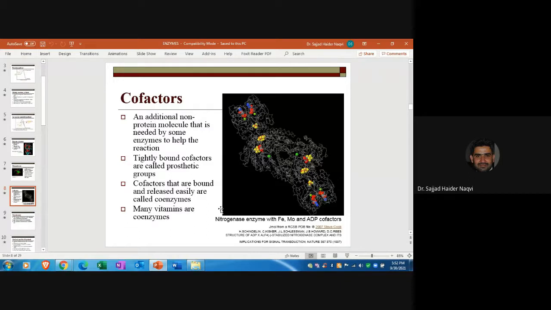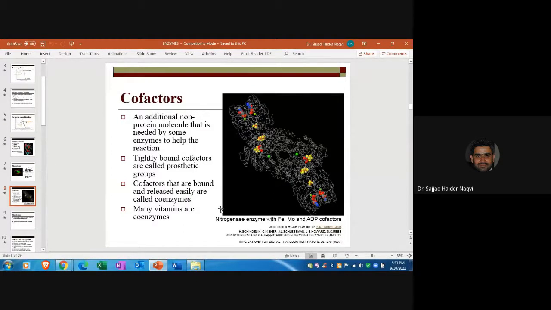But this reaction cannot be carried out unless there are some other essential requirements. One of the essential requirements for many enzyme-catalyzed reactions is cofactors. Cofactors are an essential requirement in the absence of which the enzyme is not capable of catalyzing the particular reaction.